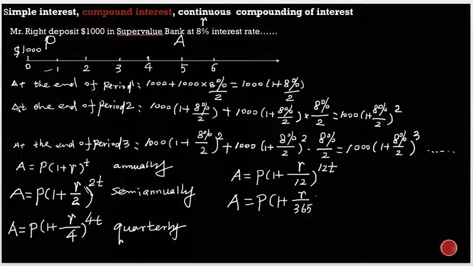How many days does T years have? 365 times T. This is daily compounding.